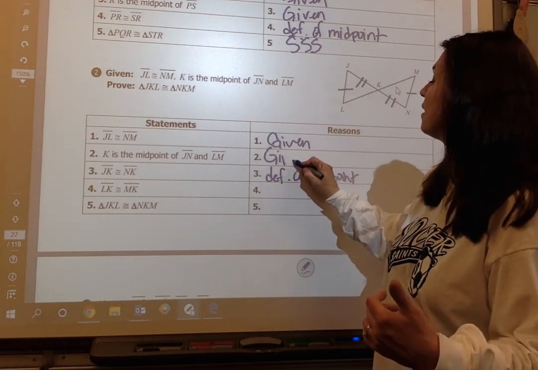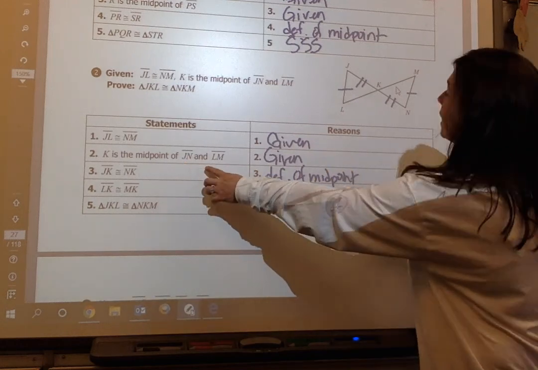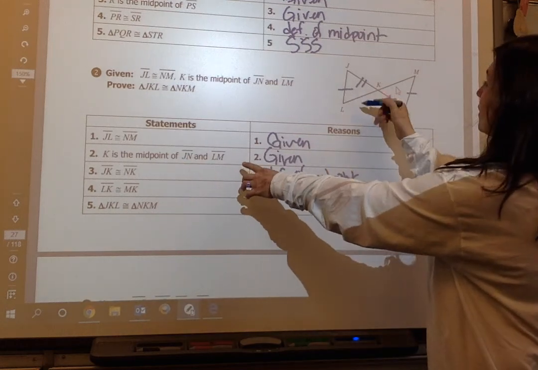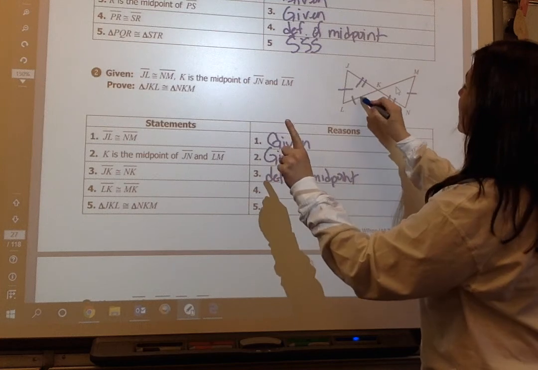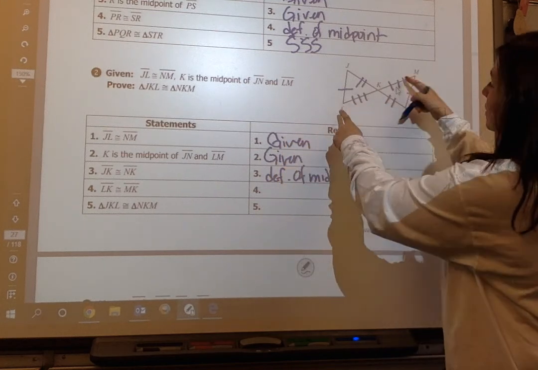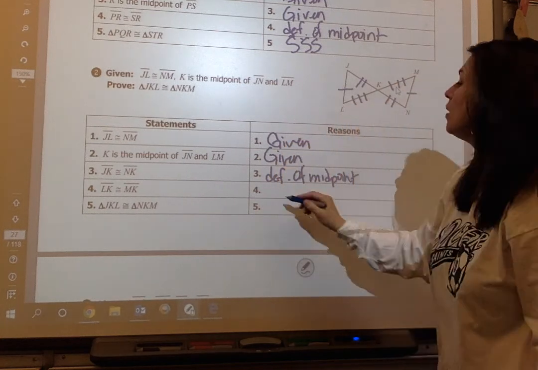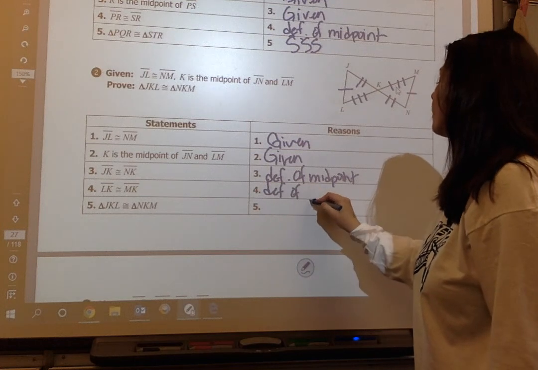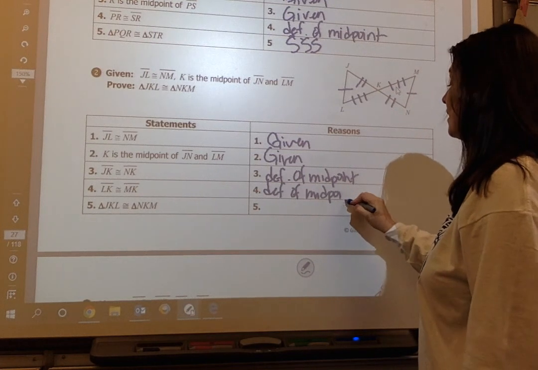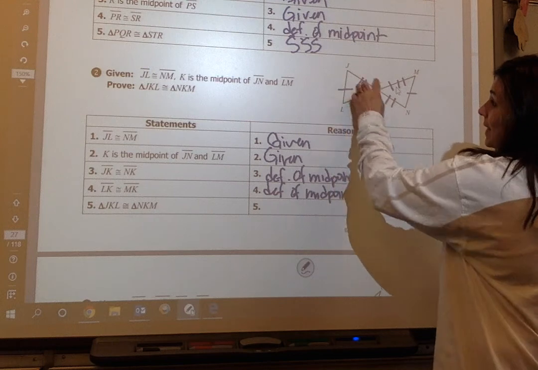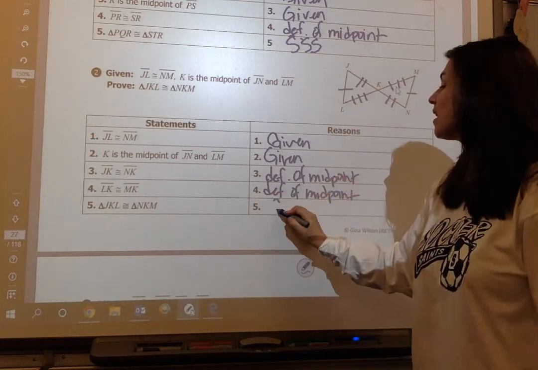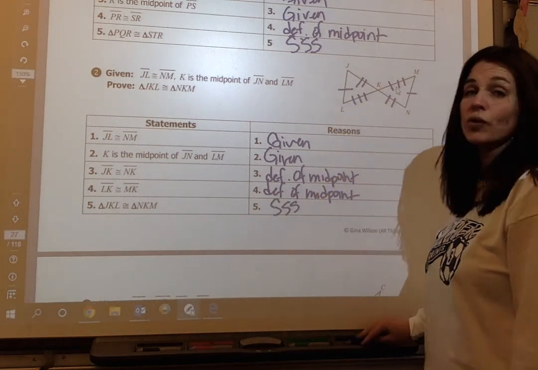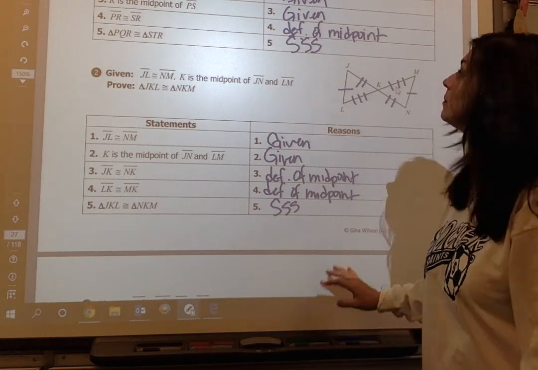That's given to me. So when K is the midpoint of JN, I know that these guys are congruent, and I know that these guys are congruent because it's also the midpoint of LM, which is also definition of midpoint. Now I can make my Big Daddy statement because of side, side, side. I have proved that all sides are congruent.